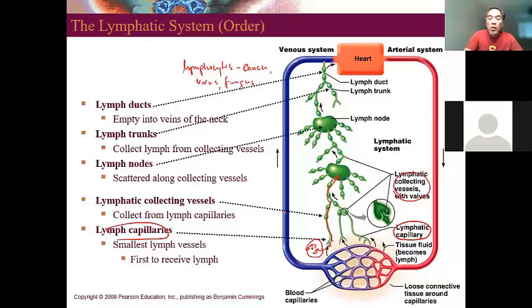Okay, so those are the lymphatic system in order. We started out from the lymphatic capillaries, or lymph capillaries, and then it drains to the collecting vessels. From there, it drains into the lymph nodes. And from the lymph nodes, it drains to the lymph trunks. From the lymph trunks, it now goes to the lymph duct.